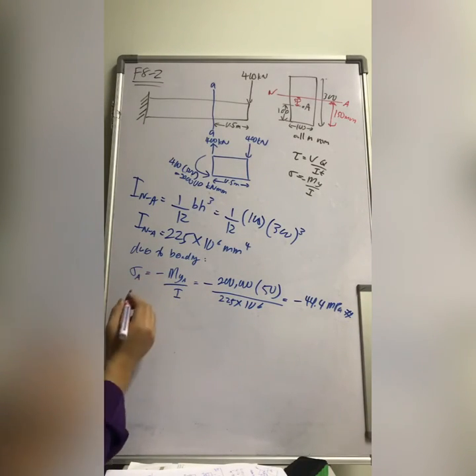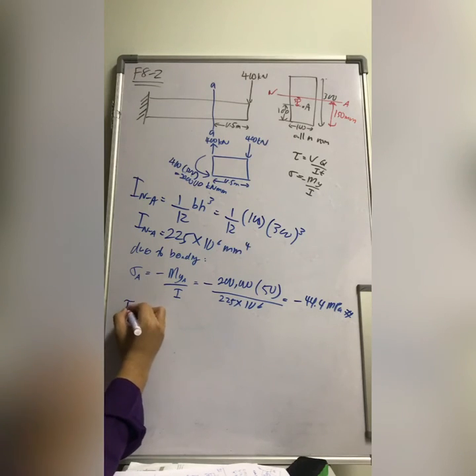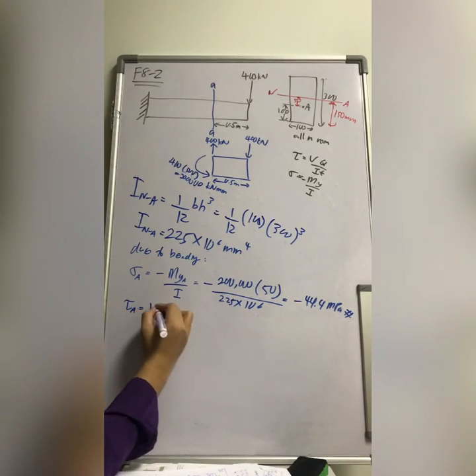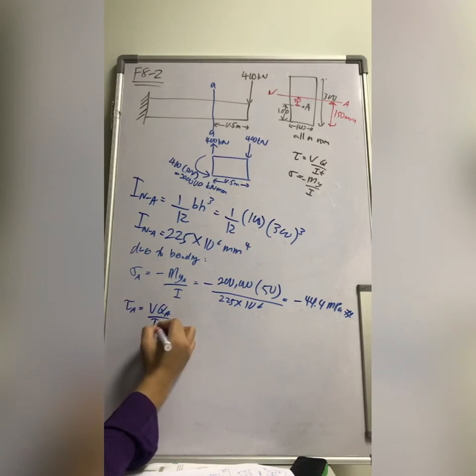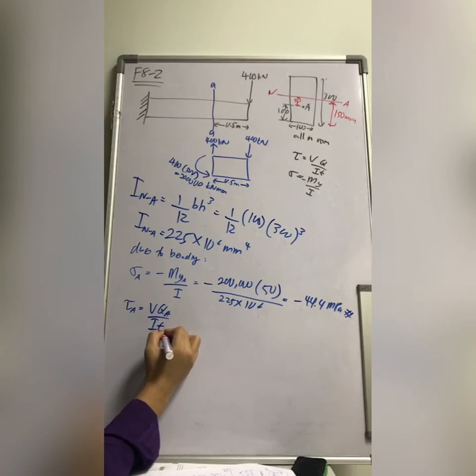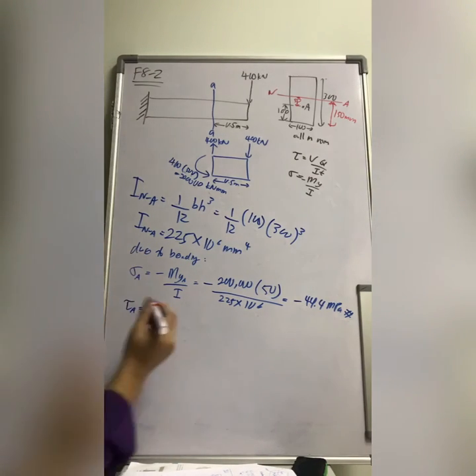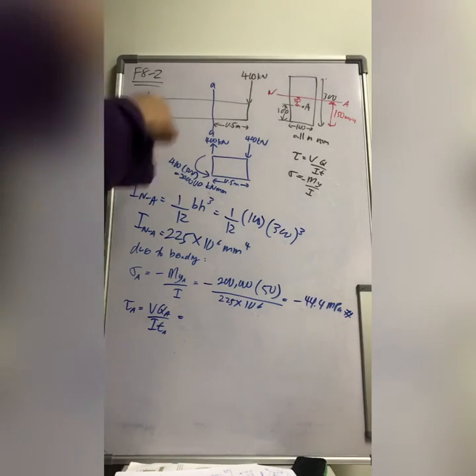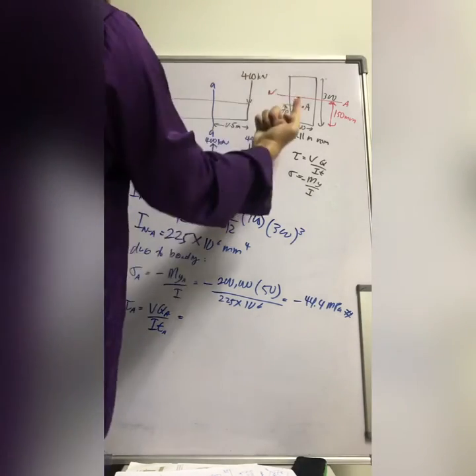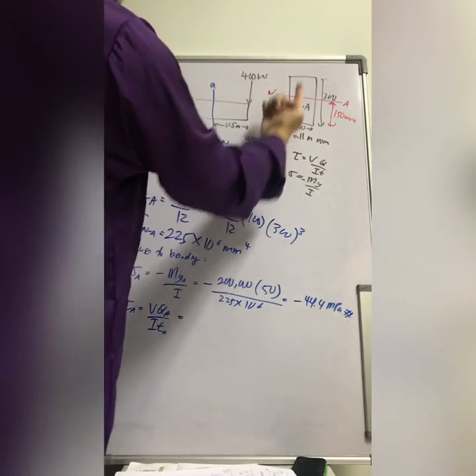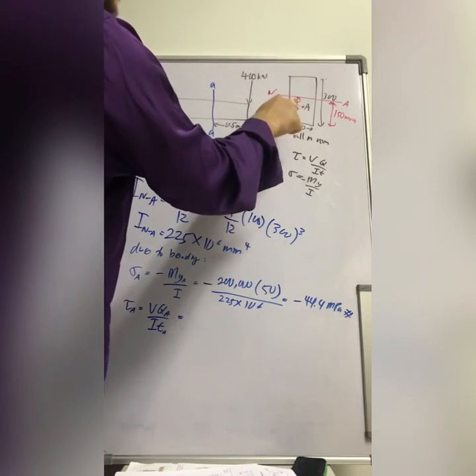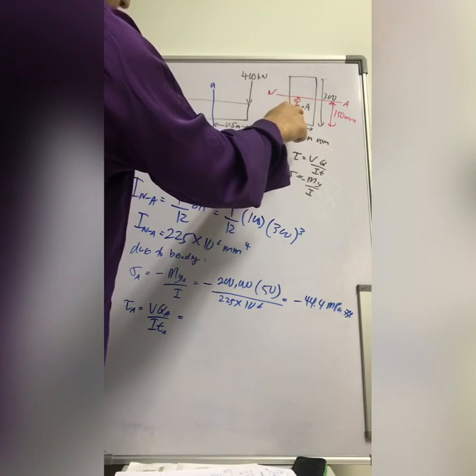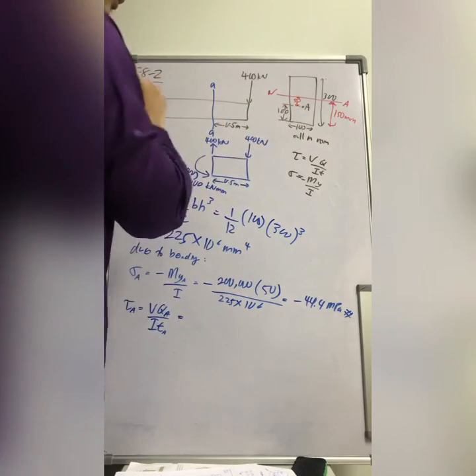Okay, this is due to bending: sigma equals M y over I. How about tau? Tau of point A equals V Q of A over I t. The t will be the same. For this, V goes up, it doesn't matter actually, but it goes up, and V will be this 100 kilonewton.